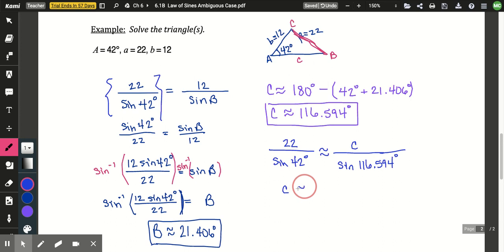So now I can solve this one for side C by multiplying both sides by sine of 116.594. So that would give me 22 times sine of 116.594 degrees over sine of 42 degrees.